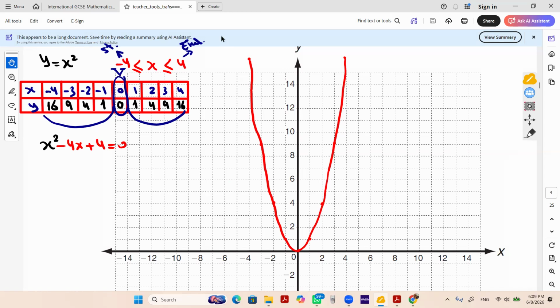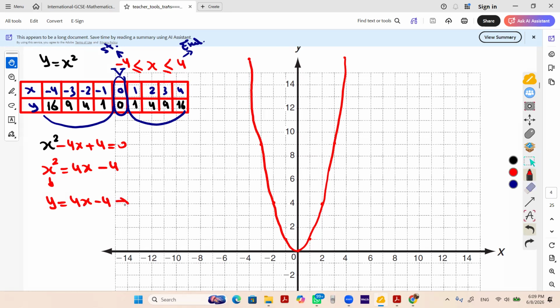Oh, sorry, sir. I didn't realize I was muted. What I was trying to say is it would be x squared equals 4x minus 4. Good. x squared here is y. So y will be 4x minus 4.